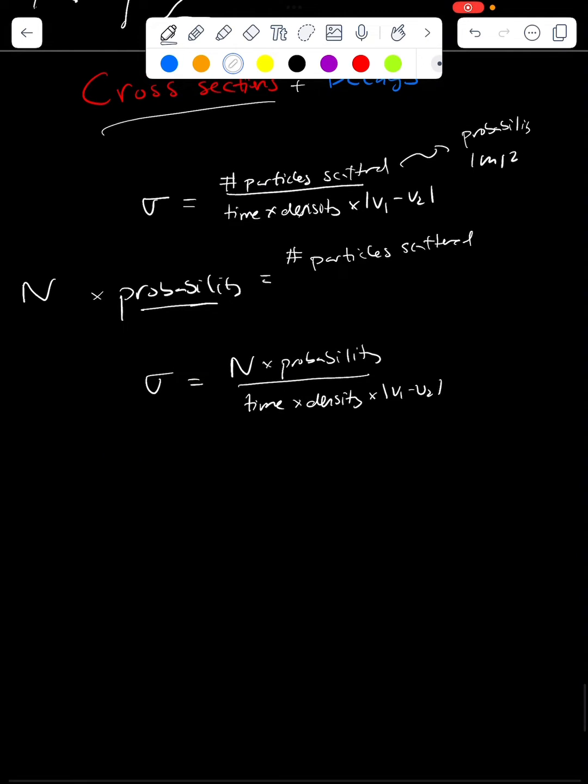So that's how we can actually introduce the probability into the cross-section. So it's a pretty neat trick.